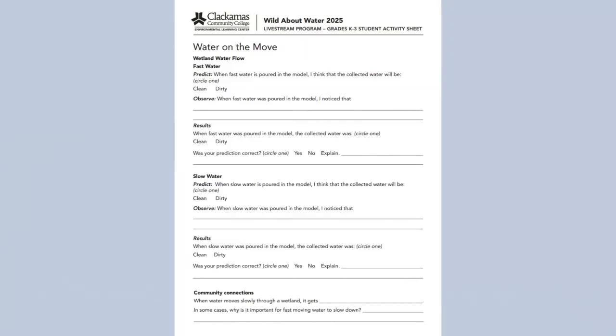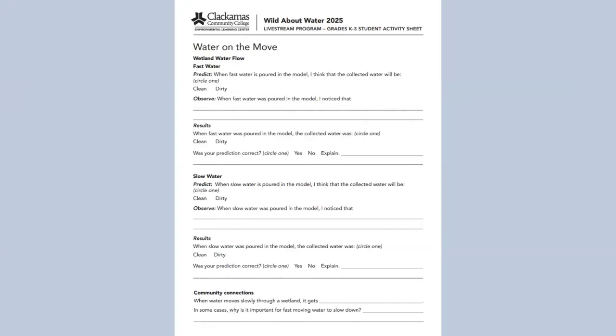And under each section, it says, predict. When fast water is poured in the model, I think that the collected water will be clean or dirty, and then you'll circle one. Then it says, observe. When fast water is poured in the model, I noticed that blank, and you'll write down what you noticed. And then it says results.